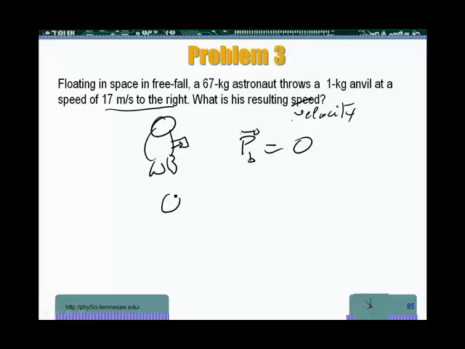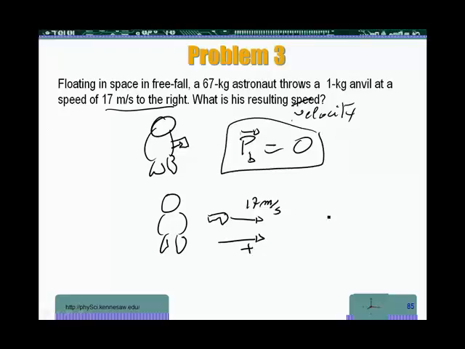And then we are going to have the astronaut and the anvil. The anvil is moving 17 meters per second towards the right. Let's make that my positive direction. So because my initial momentum is 0, my final momentum should be equal to 0.